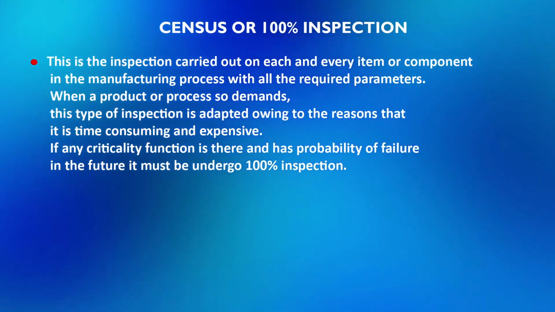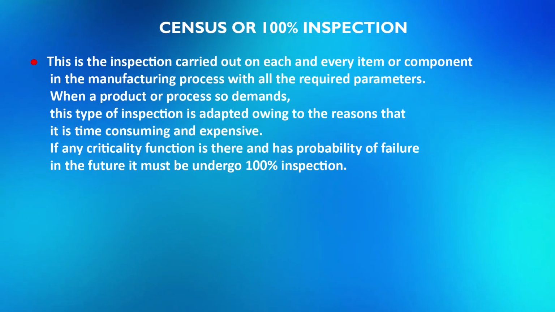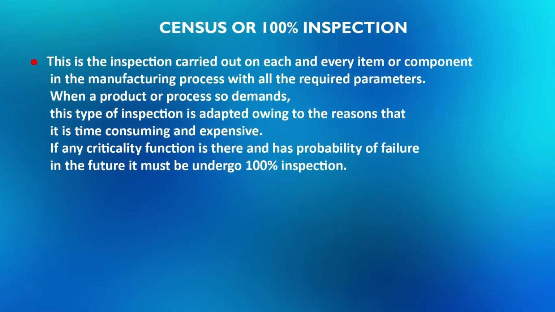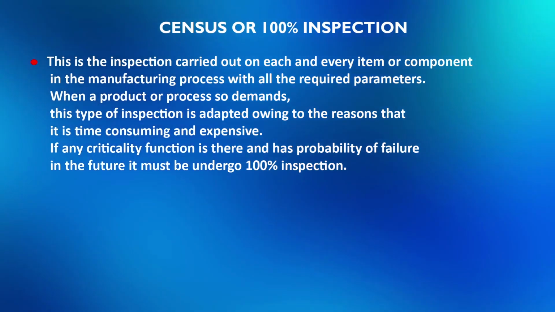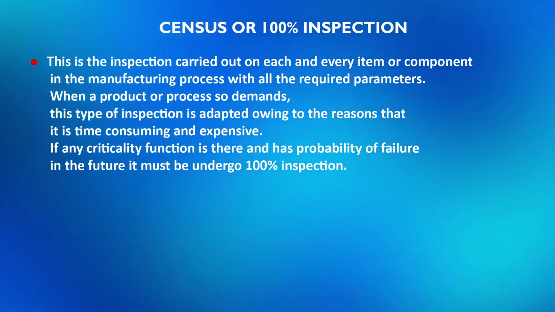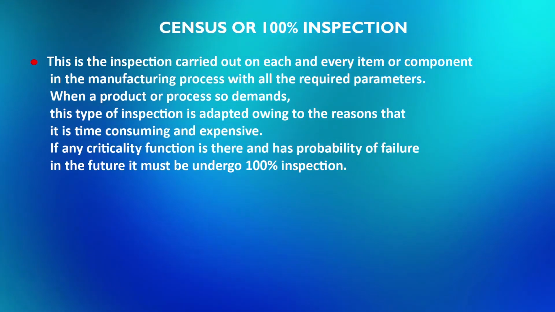First of all, we have to understand census or 100% inspection. This is the inspection carried out on each and every item or component in the manufacturing process with all the required parameters.